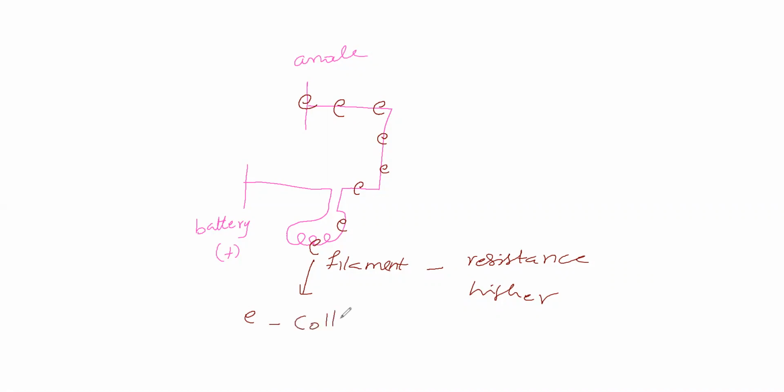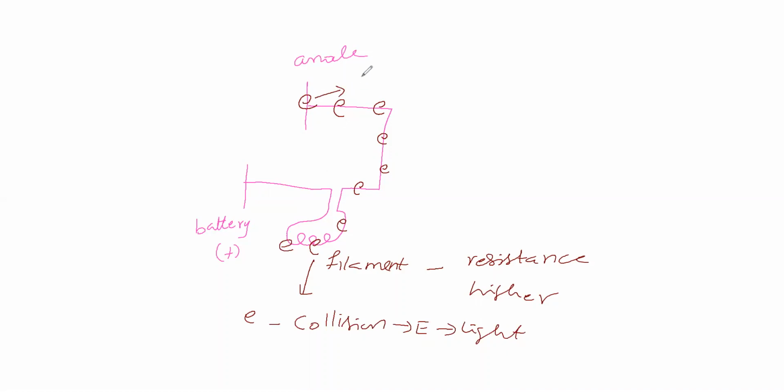Due to collision, energy comes out from this electron, and that energy is converted into light energy. Then the electron has somewhat lower energy when compared to this.